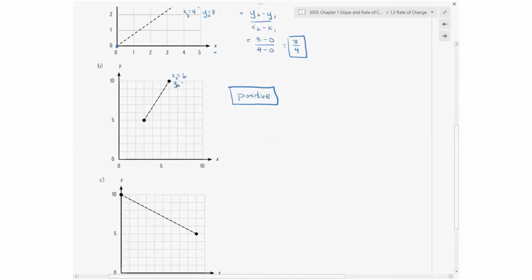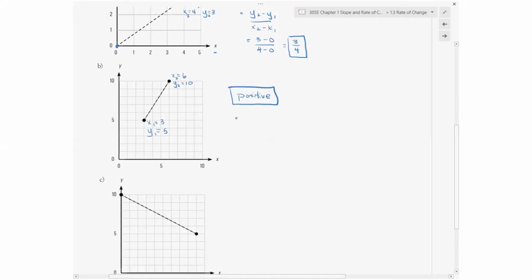You don't have to, it doesn't matter. That's just the way I like to do it. Y2, we go over to the y-axis and we're at 10. And here, x1 is 3. And sorry, that's y1, pardon me. Let's write that properly. y1, so I go to the y-axis, and that's 5.